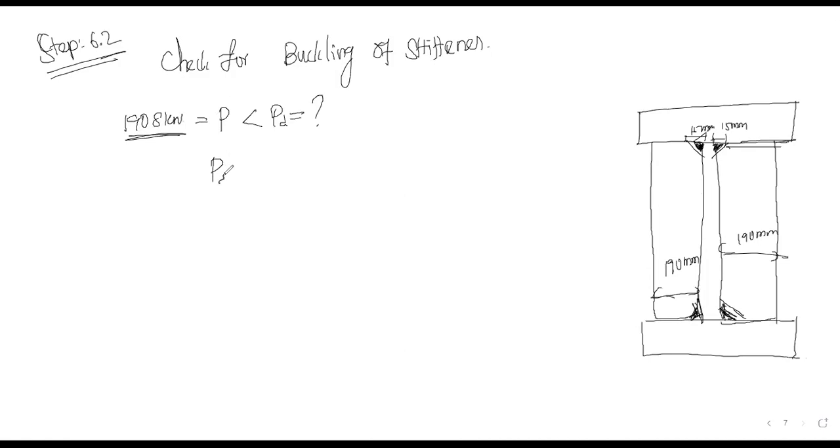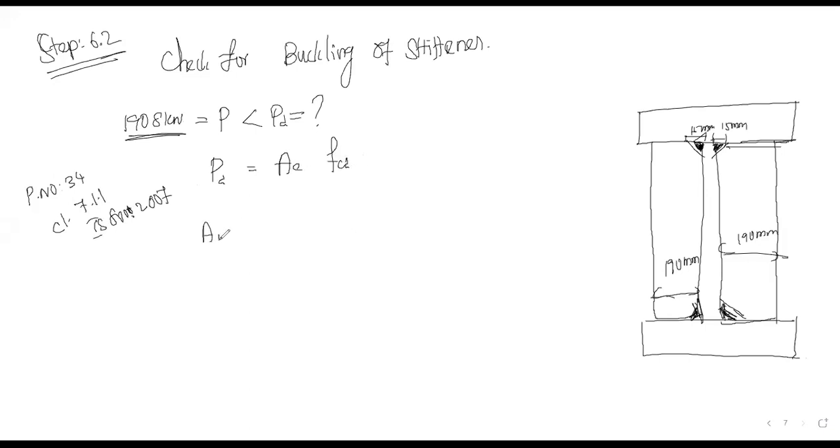For PD, the formula is from page number 34, clause 7.1.1 in IS 800:2007. So the formula is PD is equal to AE into FCD.